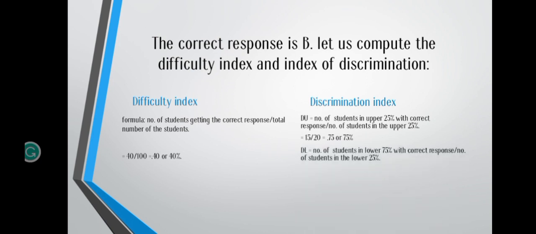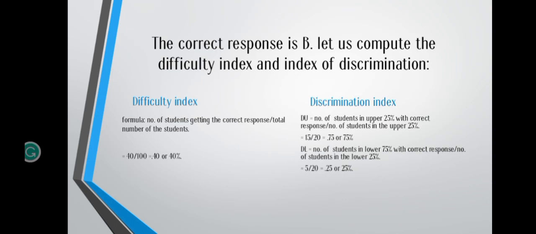Sa DL naman or difficulty lower, number of students in lower 25% with correct responses, nakakuha ng tamang sagot, divided by number of students in lower 25%. It is equal to 5 lang kasi 5 lang yung nakakuha ng tamang sagot sa lower 25% of the students. So 20 silang sumagot, 5 plus 10 plus 5. So, 20 silang lahat.